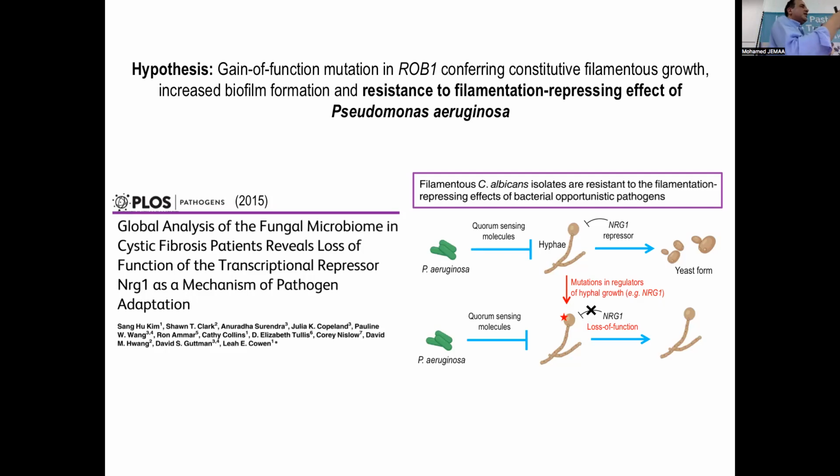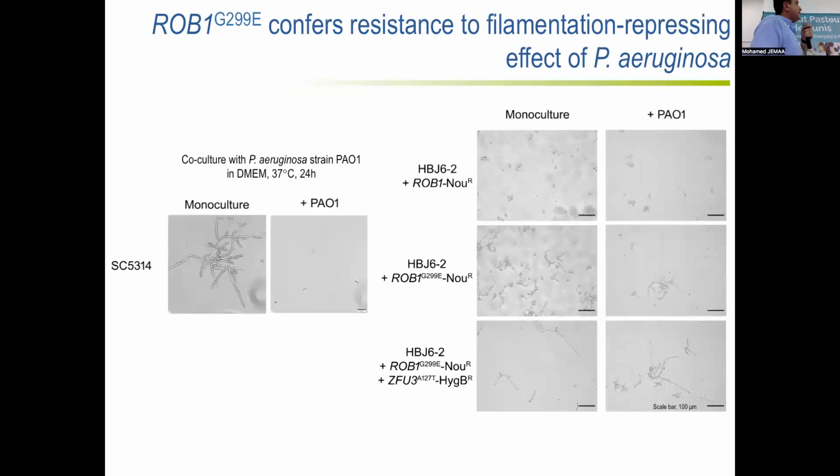So in that case, Candida would thrive and resist the repressing effect of Pseudomonas aeruginosa. And this is how Candida albicans is able to chronically stay there. There's no more inhibition by Pseudomonas, and it can grow chronically.